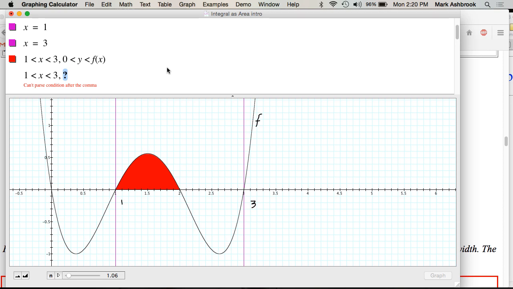So again, we're thinking about an expression that defines mathematically what's true about all those points. If we get that mathematical statement correct, then the graphing calculator will show us all those points, okay?